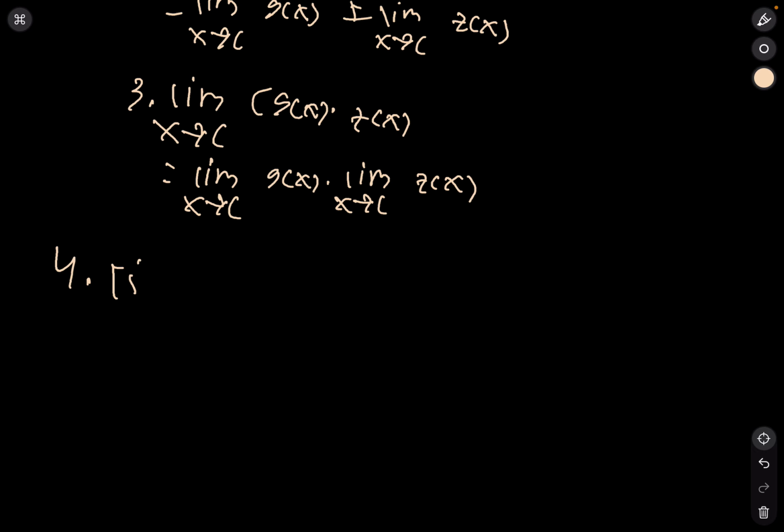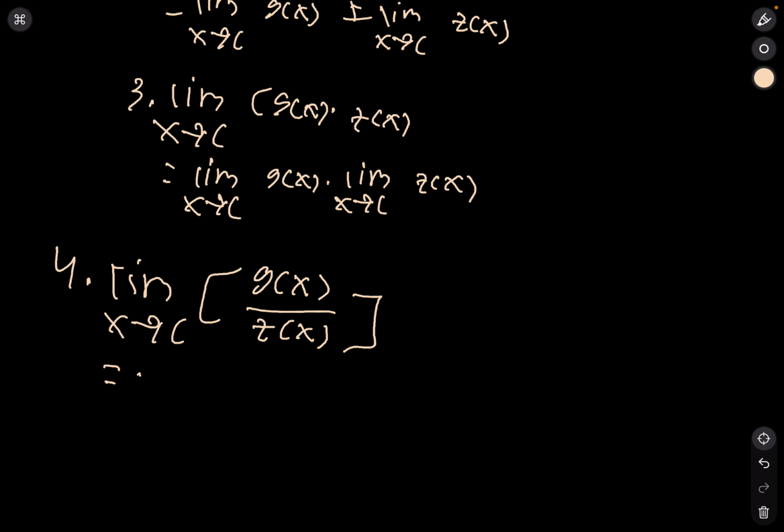This is where you have a function divided by another function. It's just equal to the limit as x approaches c of that specific function over the limit as x approaches c of another separate function.